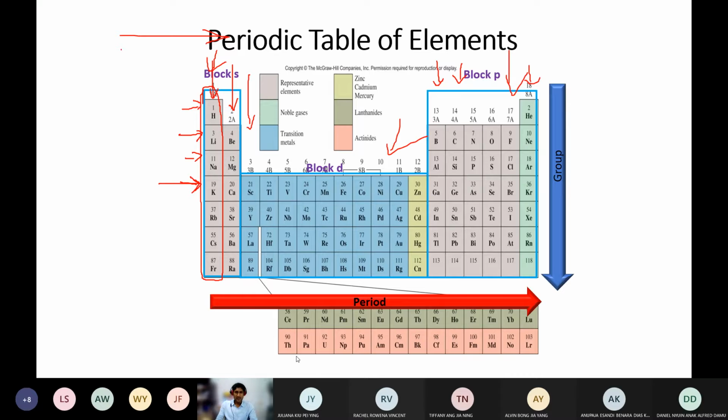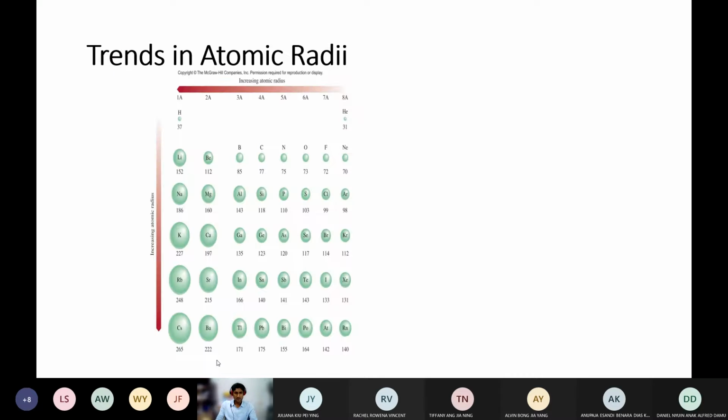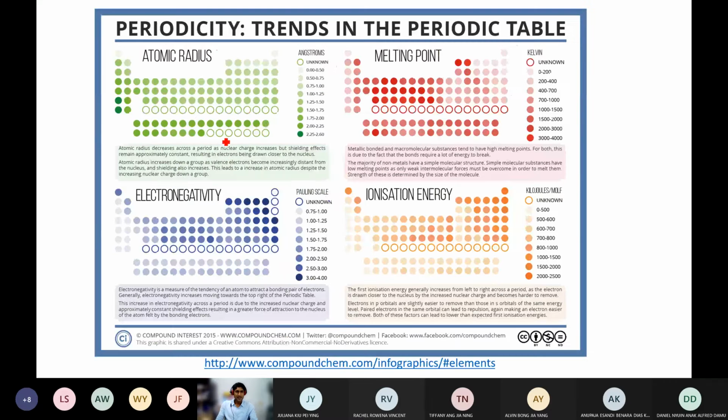How do we know what their character will be, and how can we find it? Atomic radius, of course, increases from hydrogen, which is the lowest, then it will increase more. Atomic radius, melting point, electronegativity, electron affinity, ionization energy, all those things will also be increasing or changing according to the electron configuration.